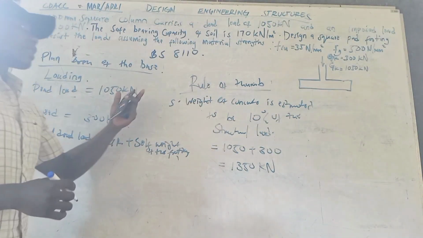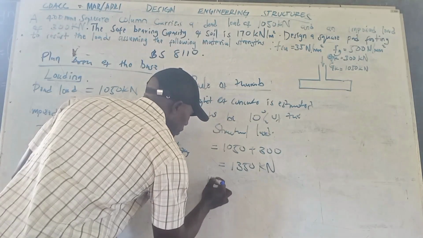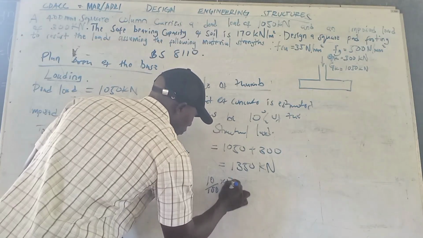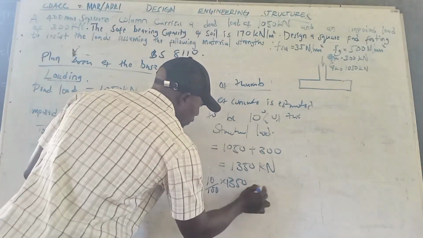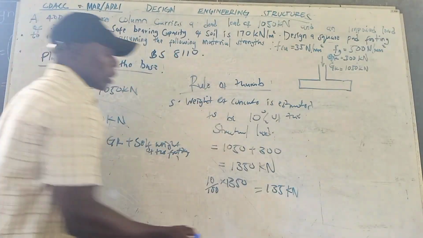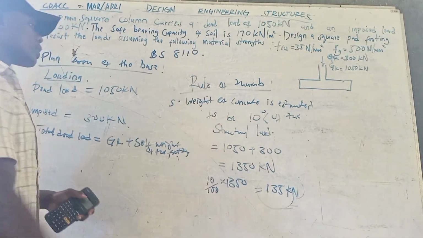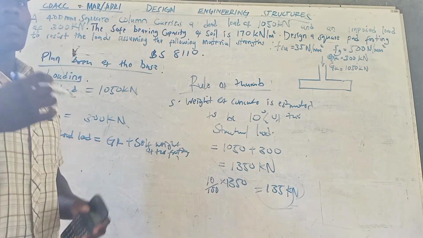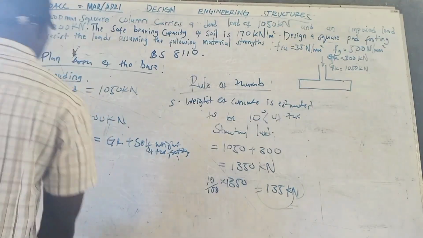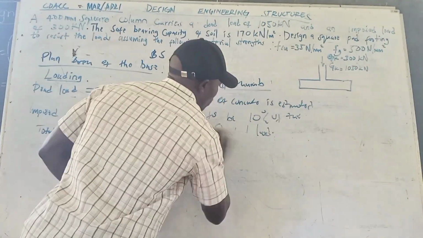Then we get the 10% of 1350, which will give you 135 kilonewtons. So we're going to work with 135 kilonewtons as the self weight of the footing. So we can proceed. So that is the rule of thumb.